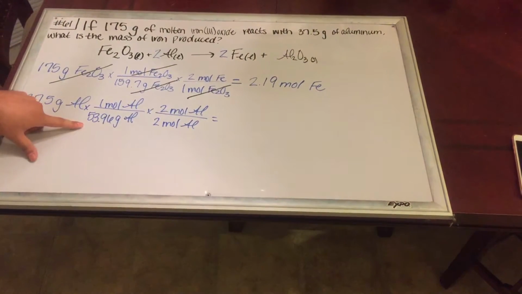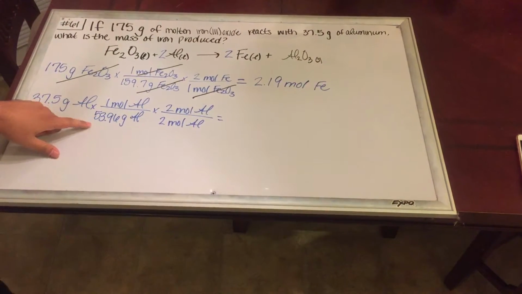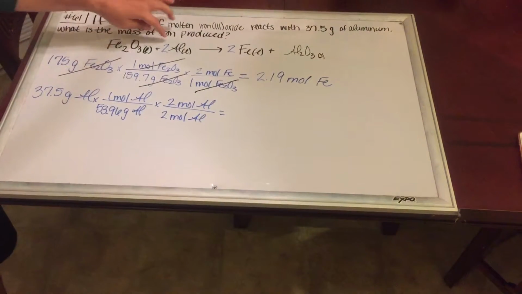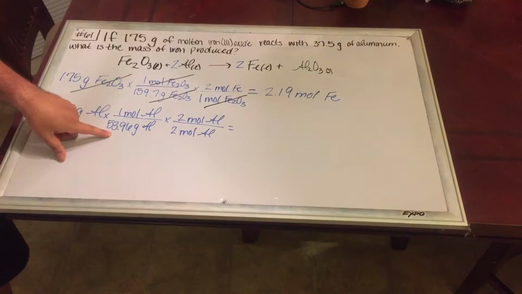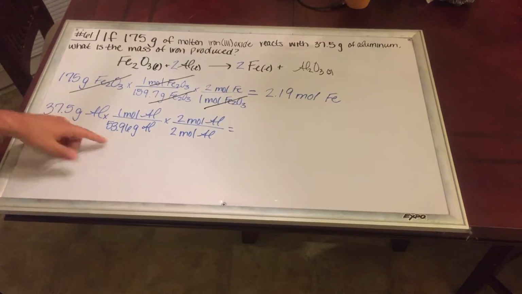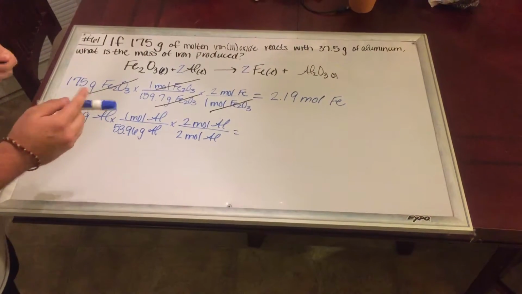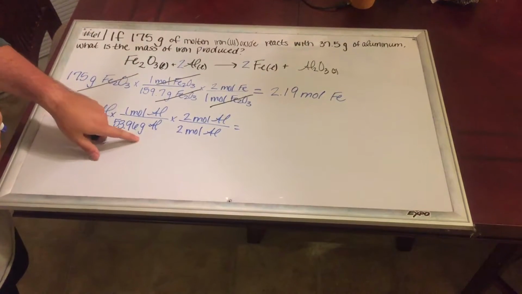So here, once again, how I got this number is I go to the periodic table, and since there's 2 aluminums, I find aluminum and I multiply it by 2, and that's how I get this number. And per 1 mole, that's how many grams there are.